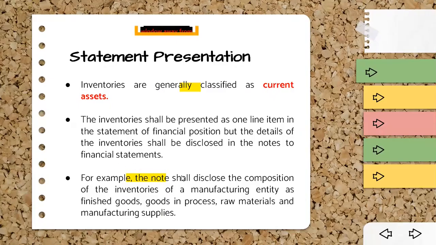For example, the note shall disclose the composition of the inventories of a manufacturing entity. So, dapat nakalista doon magkano ang finished goods, magkano ang goods in process, magkano ang raw materials, magkano ang manufacturing supplies inventory. So, ang details ay nasa notes to FS na. Pero on the face of the statement of financial position, dapat isang amount lang ang mag-a-appear.